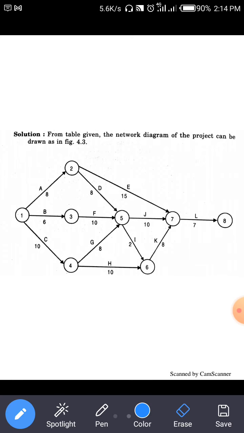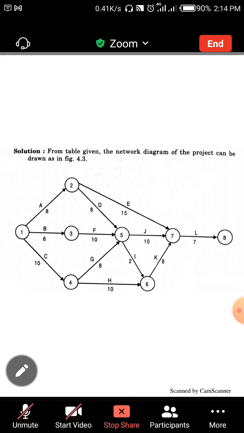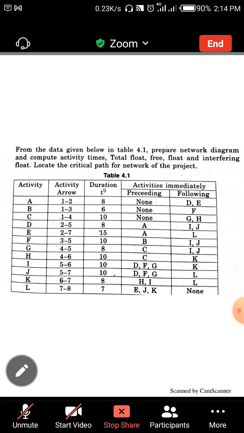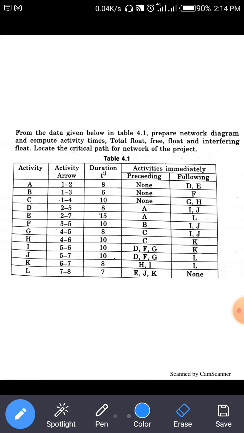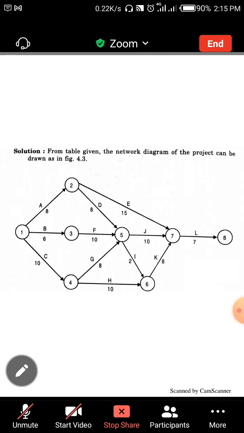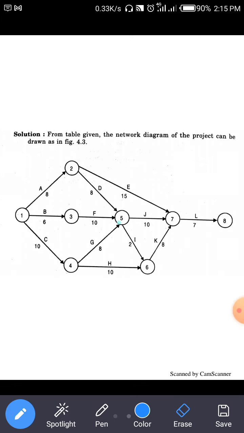From node 5, arrows 5 to 6 and 5 to 7 are drawn. Then from 6 to 7 only one arrow is given, and then 7 to 8. So the whole network diagram is drawn.